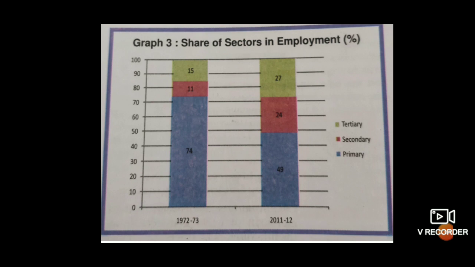Those people are called underemployed. Then why is their GDP very little? I will tell you later. And now, how the tertiary sector is becoming very important.